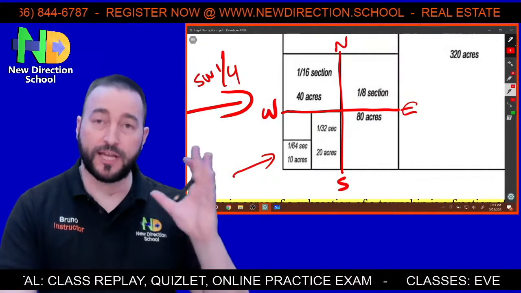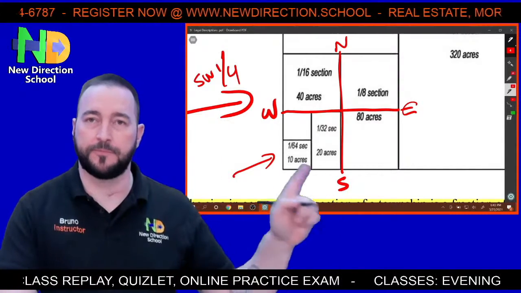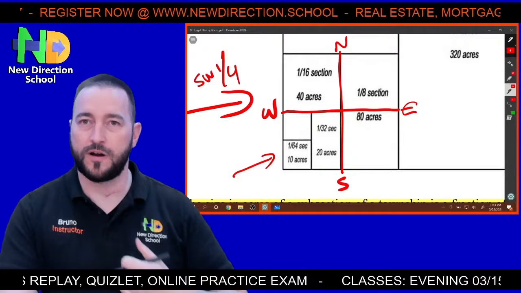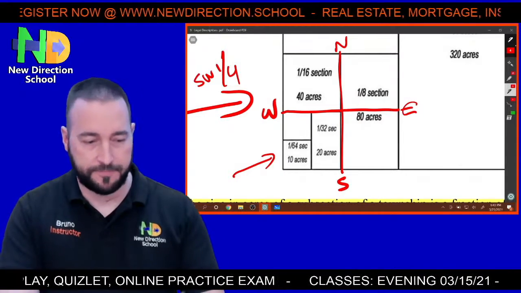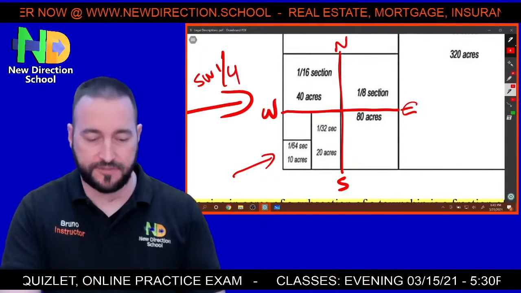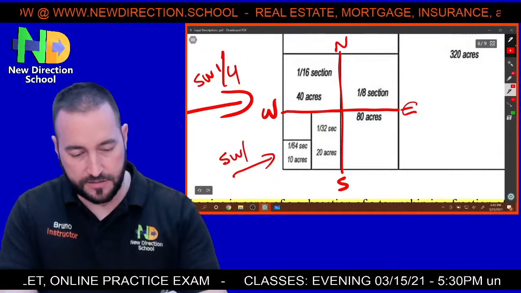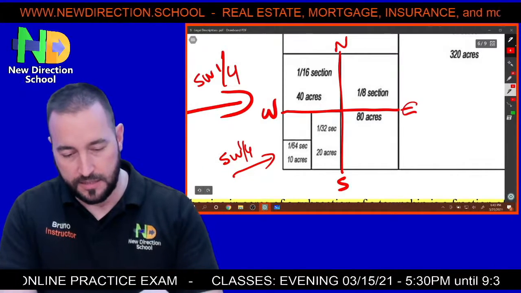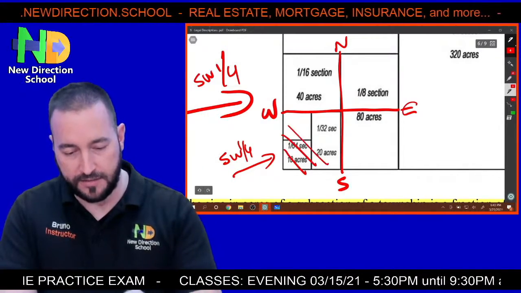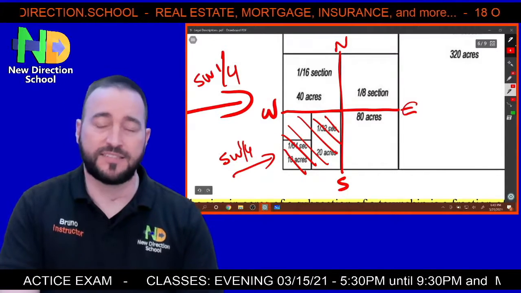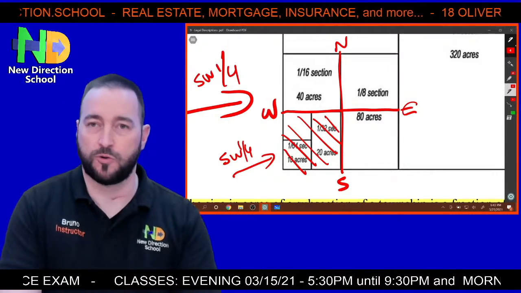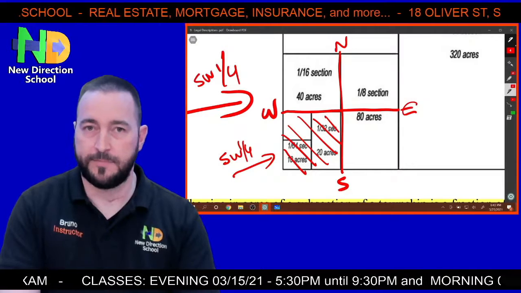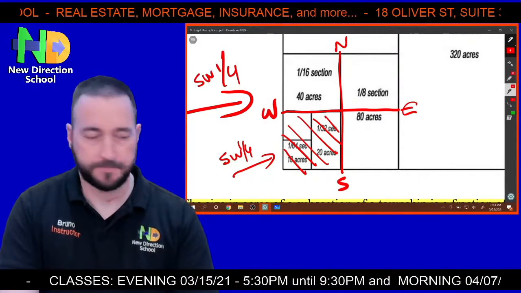The whole thing is the southwest quarter, but what is this now that we just divided? Bottom left of the bottom left. Southwest quarter. So this is where I'm at. But they said it's the east half of this quarter. Isn't that what they said in the description?